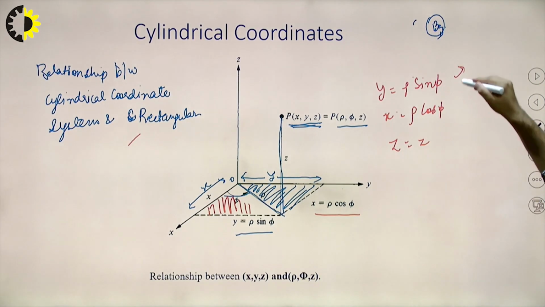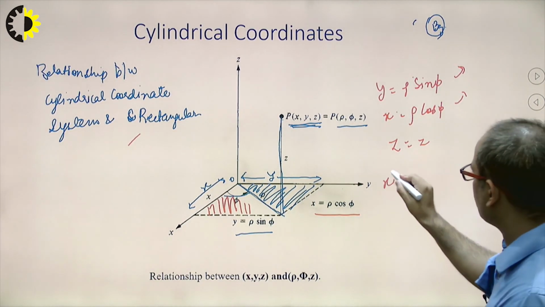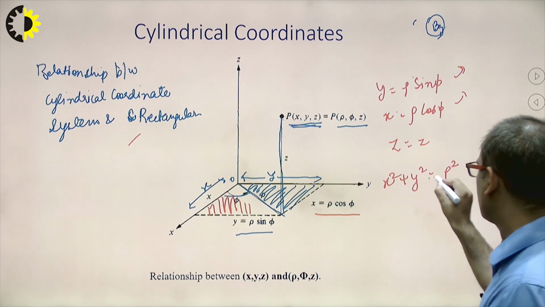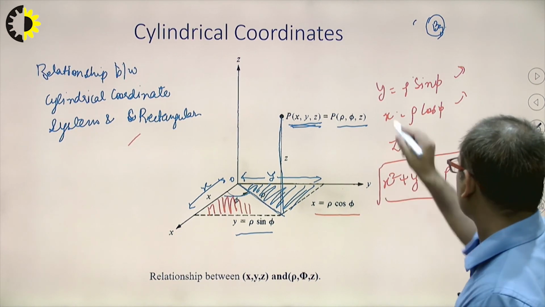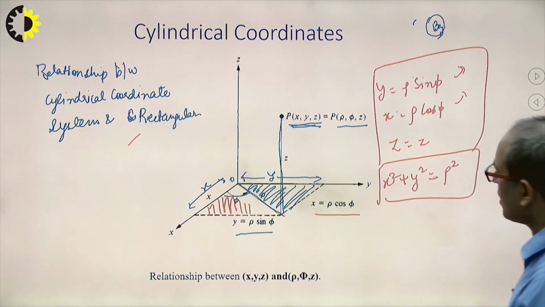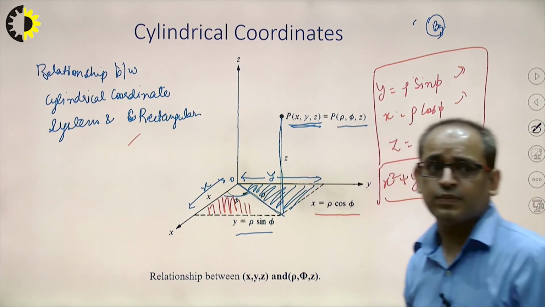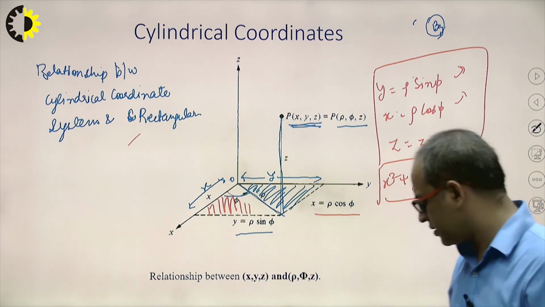On squaring and adding these two, you get x square plus y square equal to rho square. This is the relationship between the rectangular coordinate system and the cylindrical coordinate system.